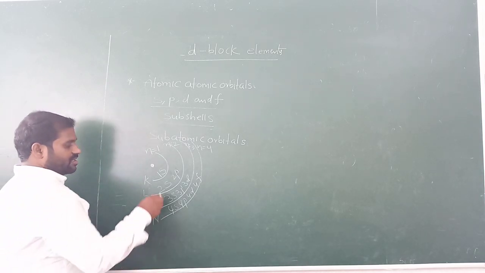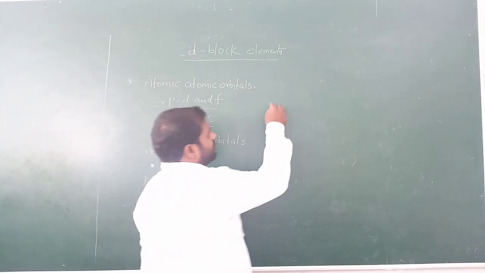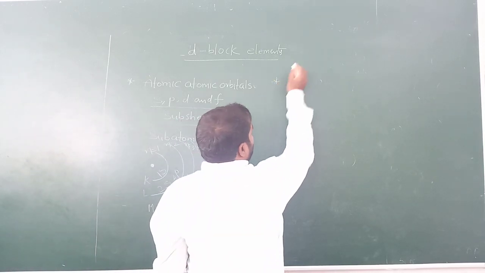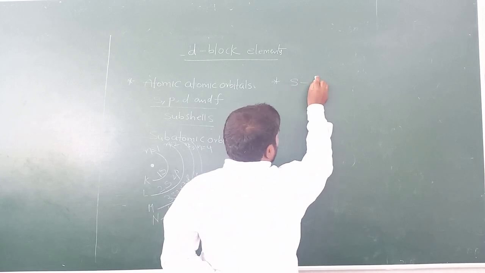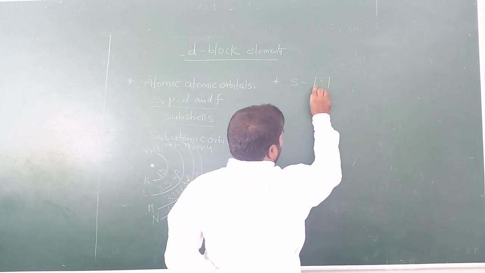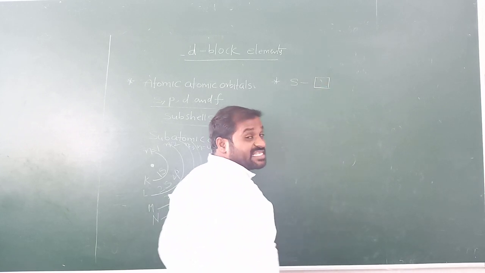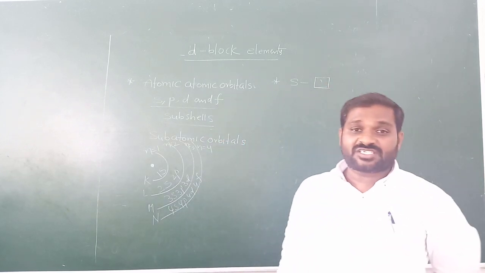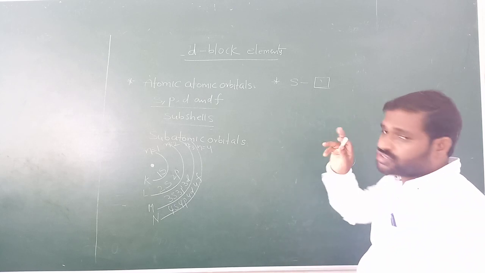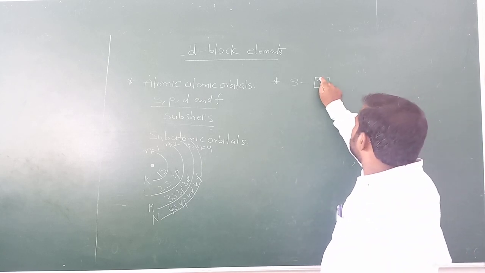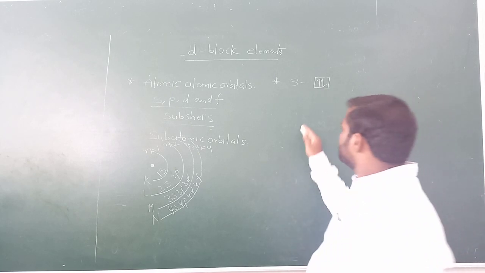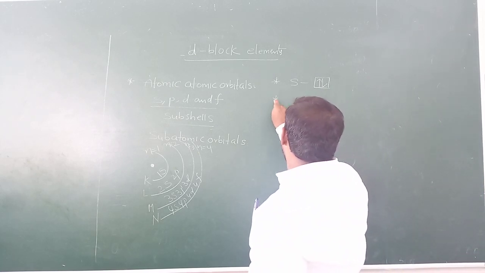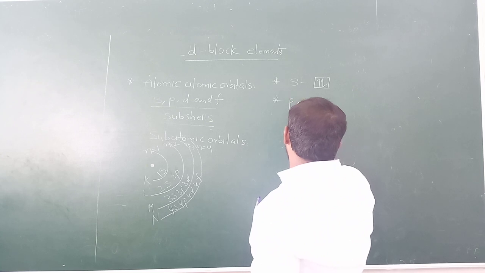Now this is the s orbital. The maximum filling capacity of the s orbital is 2 electrons. How many electrons can maximum be filled in the s orbital? 2 electrons. Okay, and come to p. Again, this is the p orbital.